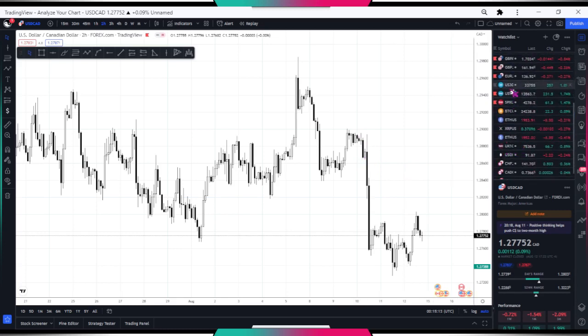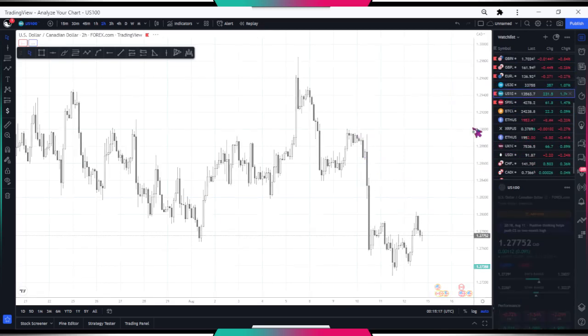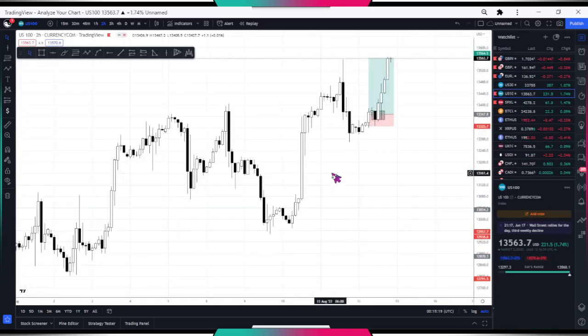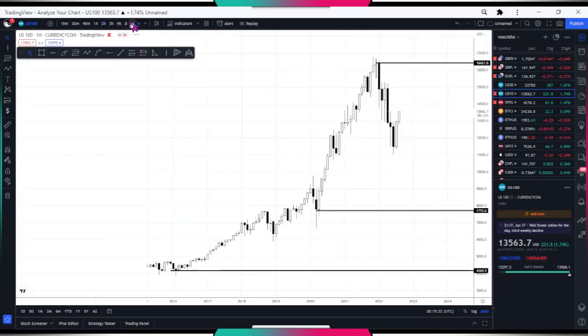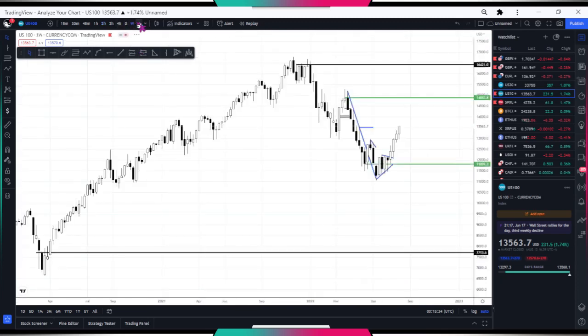So for the indices, we have the Nasdaq. The Nasdaq in general for the week was bullish. Not just the week, for the month.